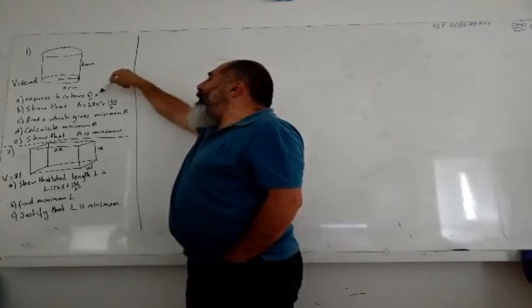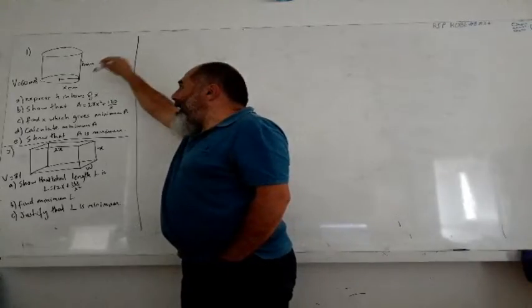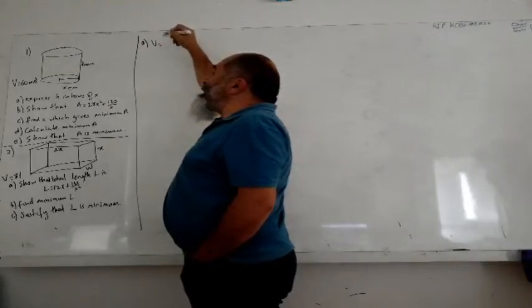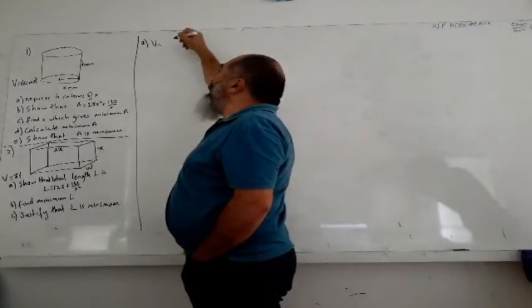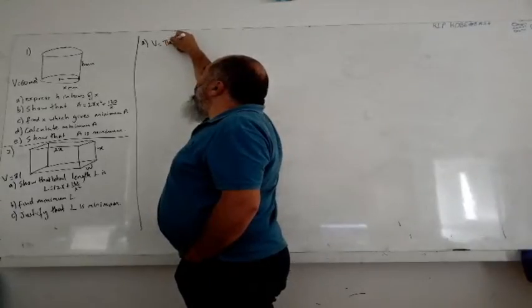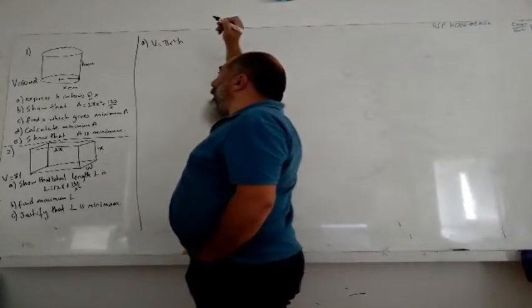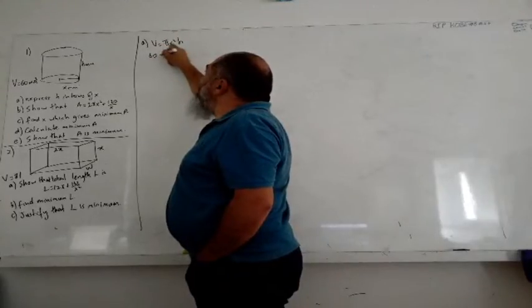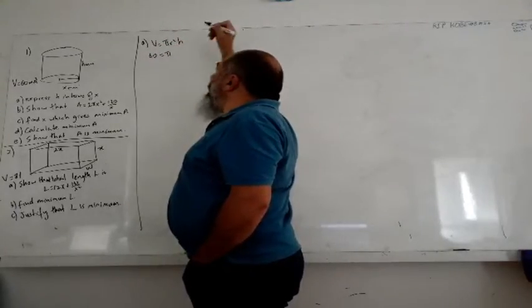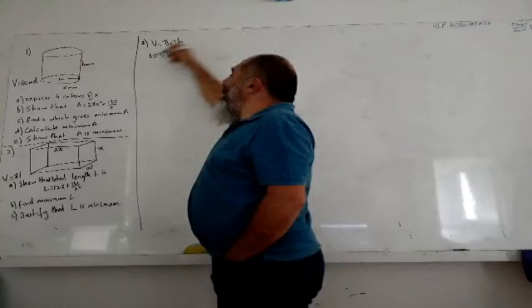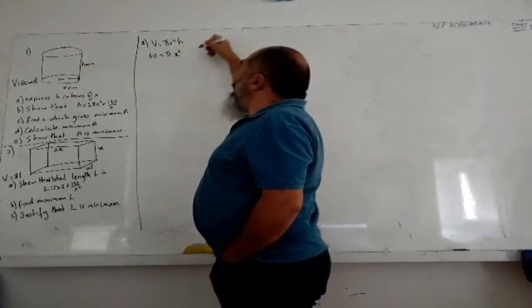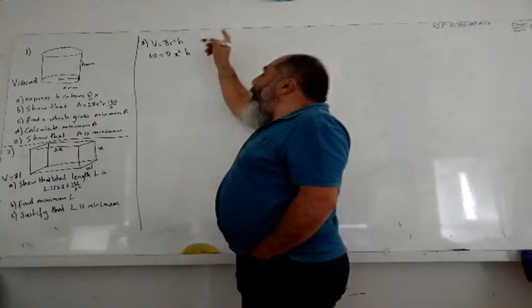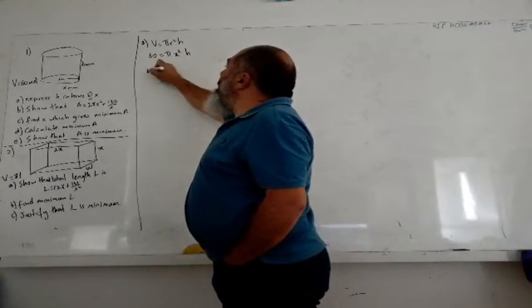We know the volume, and the volume of a cylinder is pi r squared times h. So here volume is 60. We have pi here, the radius is x, and we have the height. So in terms of x, height is 60 over pi x squared.